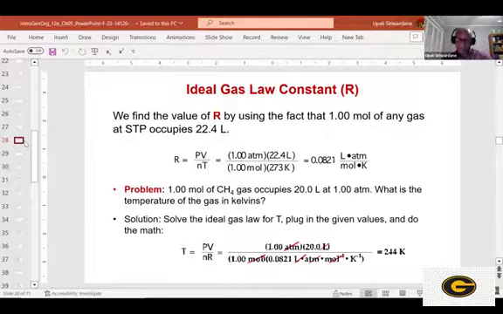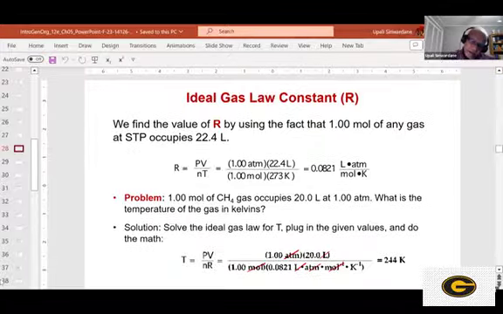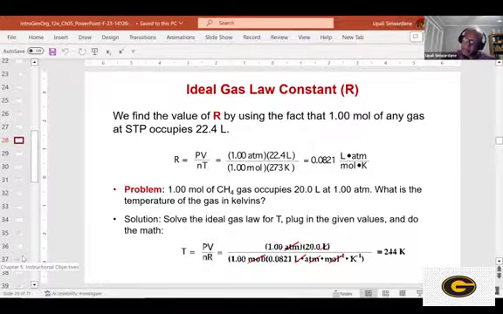What is the temperature? So knowing the pressure, volume, and the amount of material N and the ideal gas constant, you can calculate the Kelvin temperature.